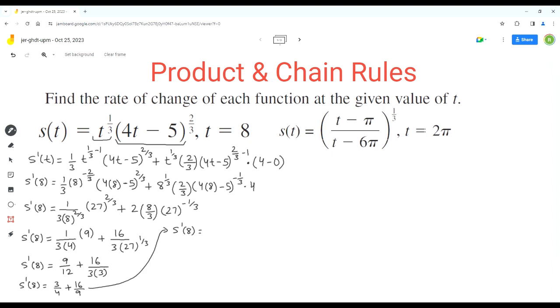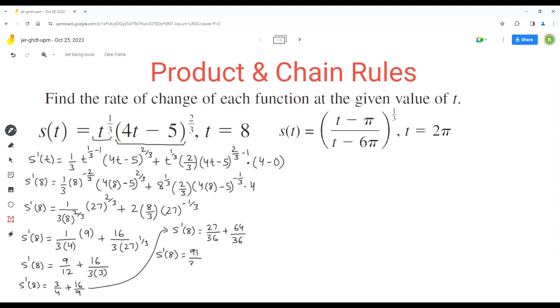We'll multiply the first fraction in the numerator and the denominator by 9, so we get 27 over 36, and we multiply the second fraction by 4. So 16 times 4 is equal to 64 over, and the denominator will be 36 because 9 times 4 is 36. Now we can combine the two fractions. So 27 plus 64 is equal to 91.